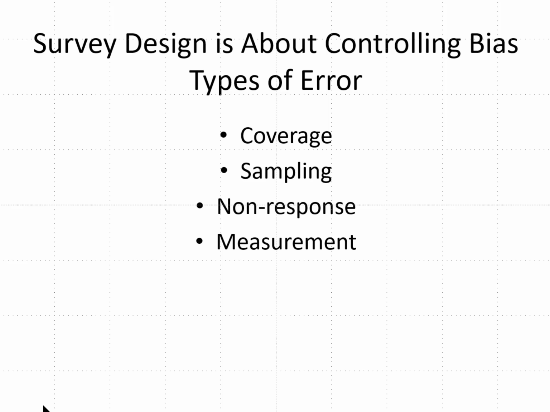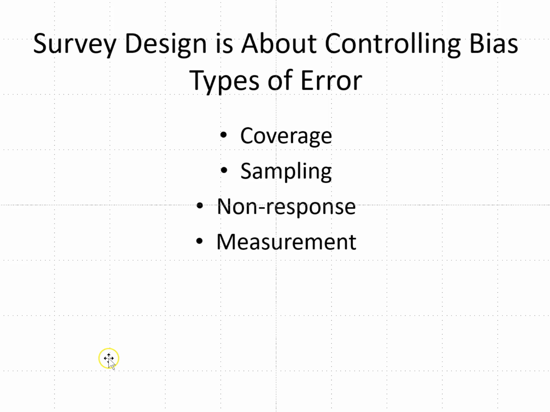Coverage, which is basically, are you sampling everybody that you think you're sampling or that you want to sample in a particular area. There's sampling error, which is what you usually think of when you see a survey. So X number of people prefer one candidate, plus or minus 3 percentage points, that sort of thing.